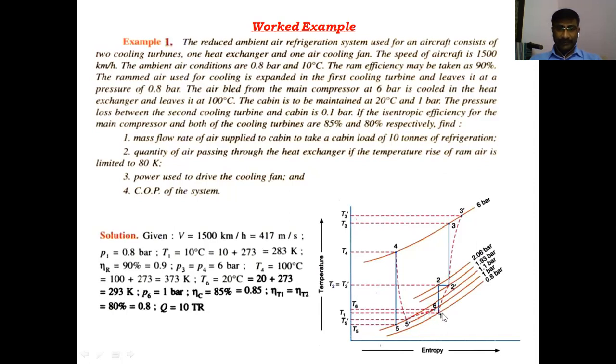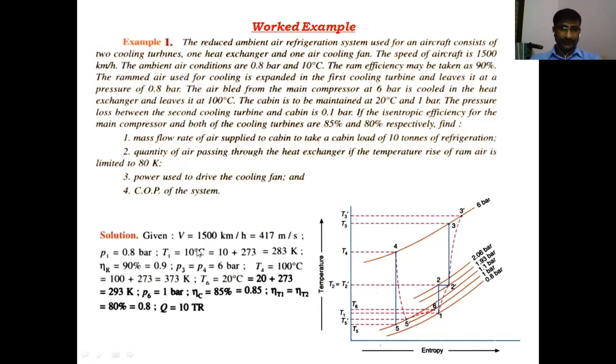So the pressure in the cabin is 1 bar, and 1 plus 0.1, the pressure before the cabin is 1.1 bar. From 5 to 6, the pressure drops from 1.1 bar to 1 bar. Therefore, the pressure loss is 0.1 bar. Clear? So you have to assume the pressure after expansion is 1.1 bar by the given data.